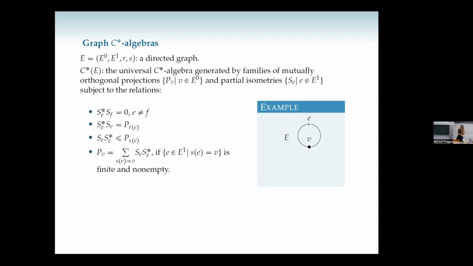You see that this first one, S_E* S_E, is the initial projection, and it has to be equal to the projection corresponding to the range of E. Then S_E S_E* has to be a subprojection of P, the projection corresponding to the source of E. And then the last relation says that if you sum over all these projections S_E S_E* such that the edge starts in V, then you get back P_V.